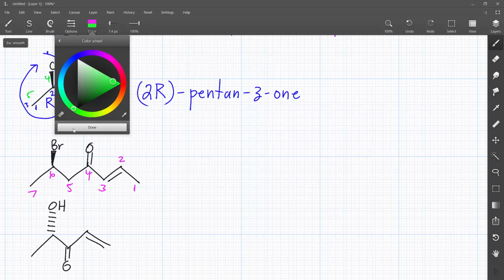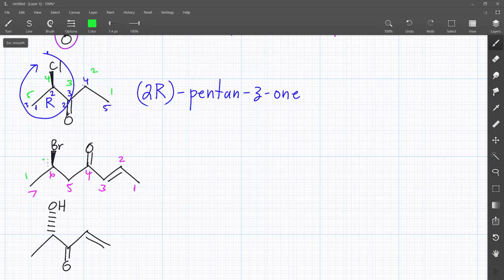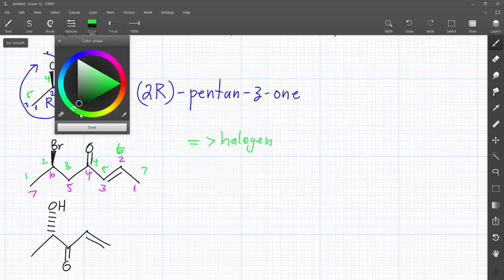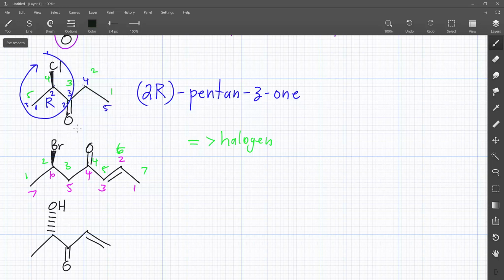If we number in the other direction, we get 1, 2, 3, 4, 5, 6, 7. Okay, so the double bond has a higher priority than the halogen. So we're going to go the purple direction and get to the double bond first.